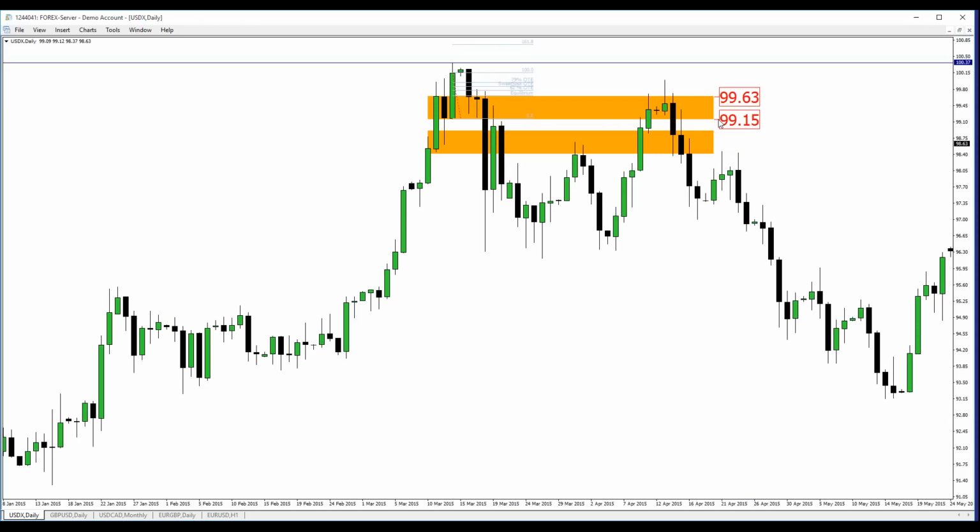Okay, so now we have a range of 99.63 and 99.15. It may be a little bit off that, but right now it's going to accomplish the method nonetheless. My question is this: between 99.63 and 99.15, what institutional levels reside within that range?